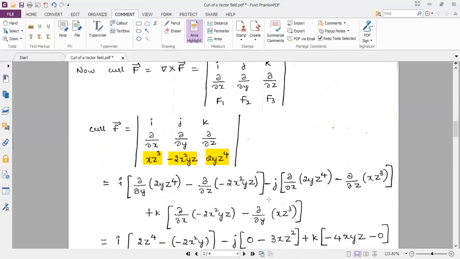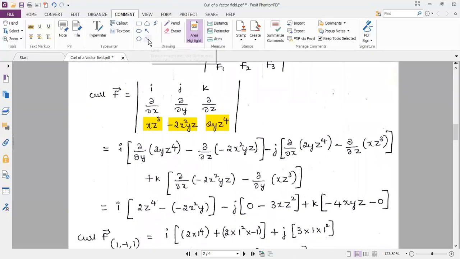Now let us expand this 3 cross 3 determinant. So we get i cap into dou by dou y of 2yz power 4 minus dou by dou z of minus 2x square yz. This is for the i-th component.